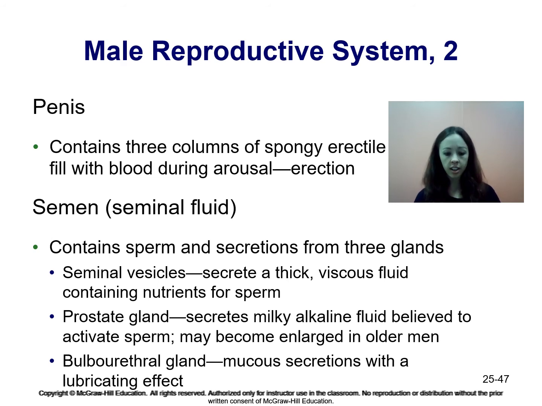The prostate gland secretes a milky alkaline fluid, which will help increase the pH of any of the uric acid found in the urethra, so that it doesn't harm the sperm. And then the bulbourethral gland secretes a mucus type liquid that allows the sperm to flow through the urethra a lot easier.